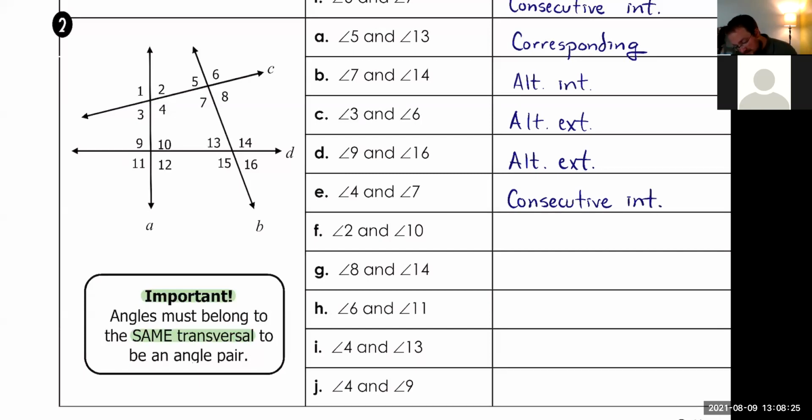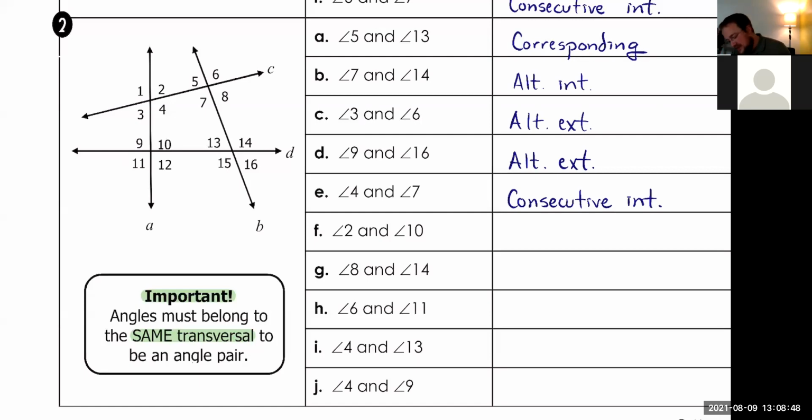2 and 10, transversal A this time. They're both on the same side, so anything with the word alternate we can throw out. So consecutive interior would work, except 2 is an exterior.